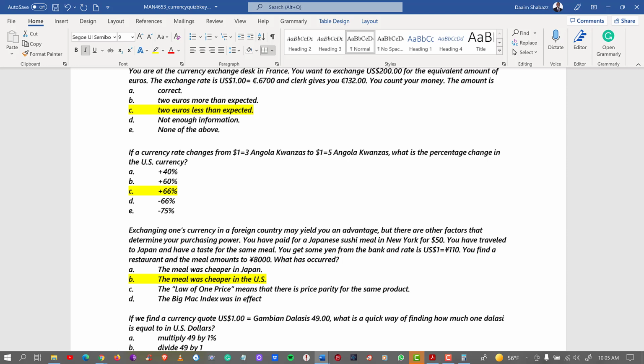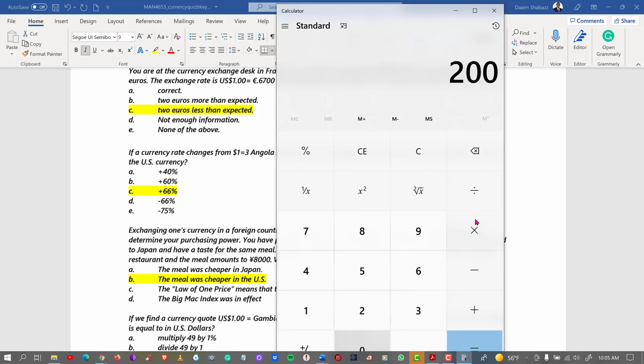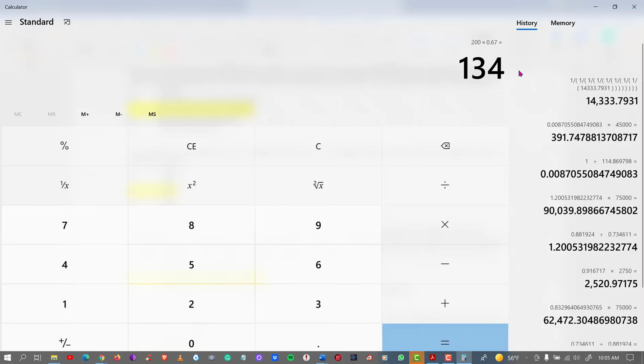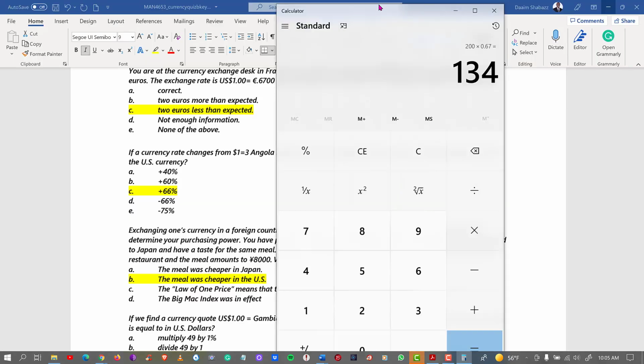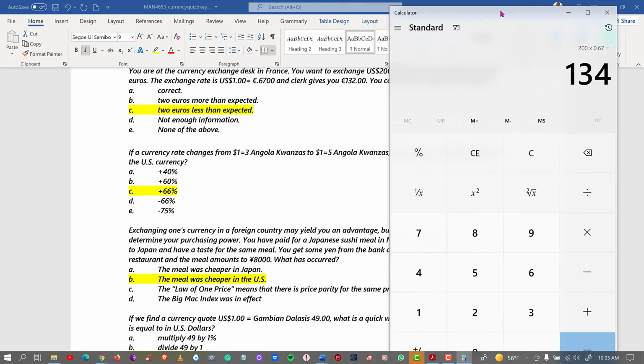That comes out to what? 200 times 0.67 equals 134, right? That's how much we should have received, but we got 132. So we got 2 euros less than expected. That is the trick there. You had to be attentive.